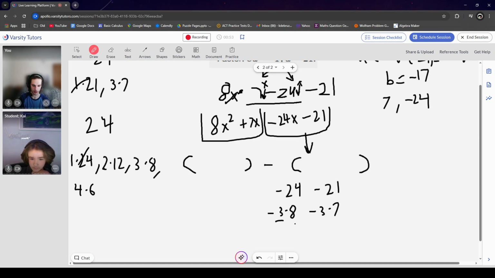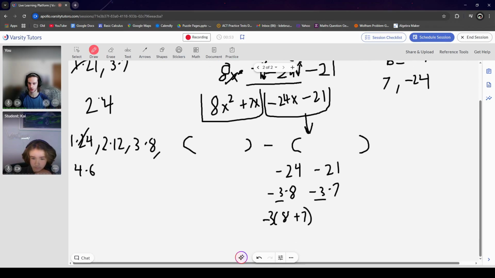So then the 3's are shared, so we can write this as negative 3 times (8 plus 7), basically. And if we introduce the x, we put in the x at negative 24x.